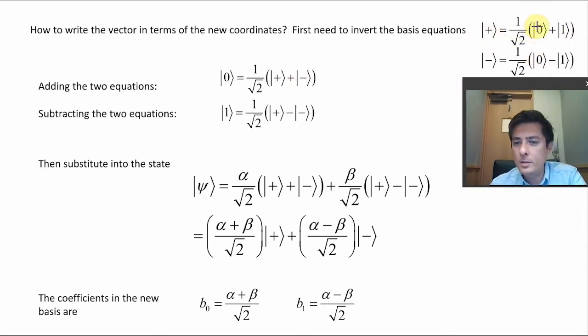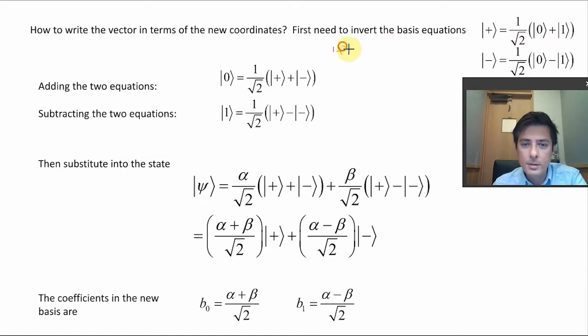Well, basically you just manipulate these equations so that you cancel, just like what you do in algebra. You add and subtract the equations so that you get the term that you want. For example, if you just add these two equations, let's do it up here.